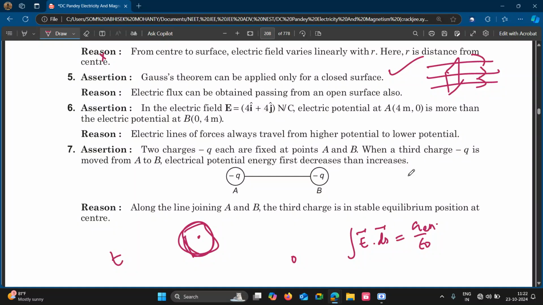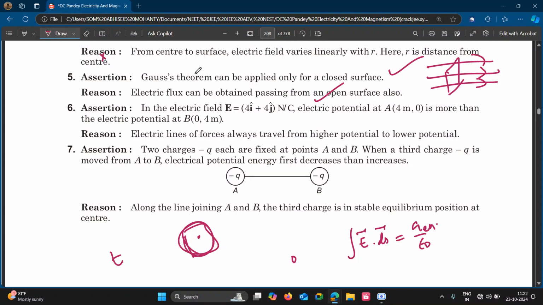But for electric flux, we can always calculate flux for any open surface without the use of Gauss law. For Gauss law, we have to use a closed surface. So this statement is also correct, but it hasn't mentioned Gauss law in the second one. So this is correct, this is also correct, but this is not the correct explanation for the assertion.